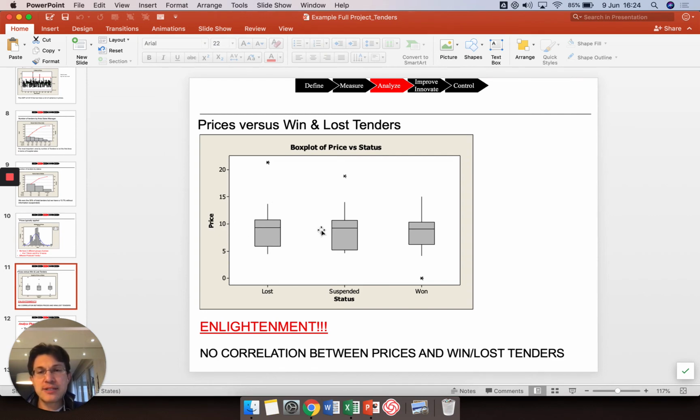And the average price here is absolutely the same. So the price had no correlation among these three categories: winning a tender, losing a tender, or the company being suspended in a tender. So a big enlightenment, and a second task force was initiated here to understand: why are we losing so many tenders?